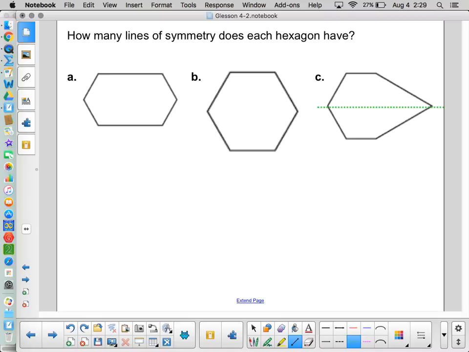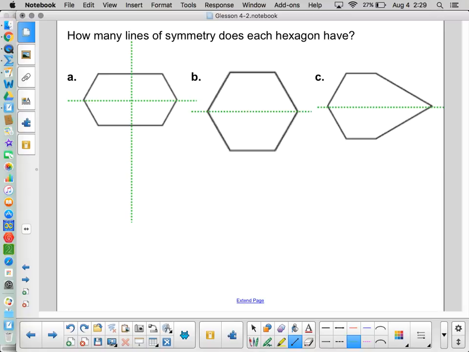A is a little trickier. I have one line of symmetry here, but I have a second line of symmetry approximately here. Out there. So if I fold over either one of those lines, I get an exact duplicate of the original. For B, I have a whole lot of lines of symmetry.